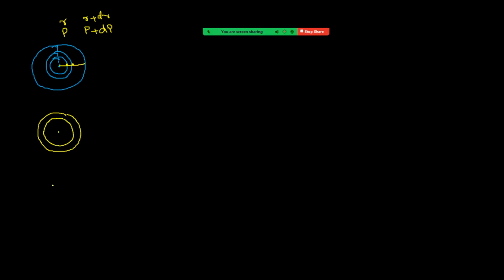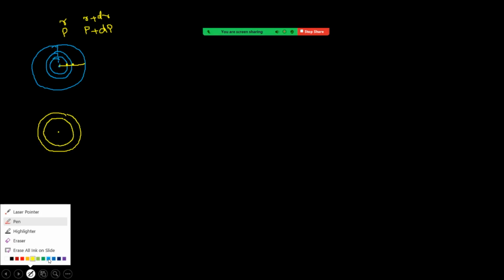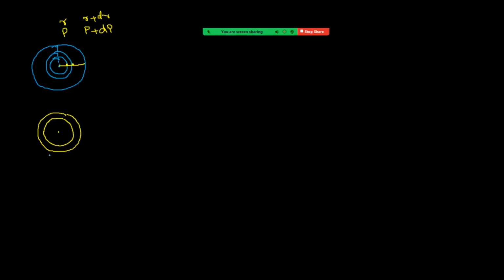Let us now consider a small part on the shell, and for the small part, the area is dS. From one side the pressure is P, and from the other side P plus dP.